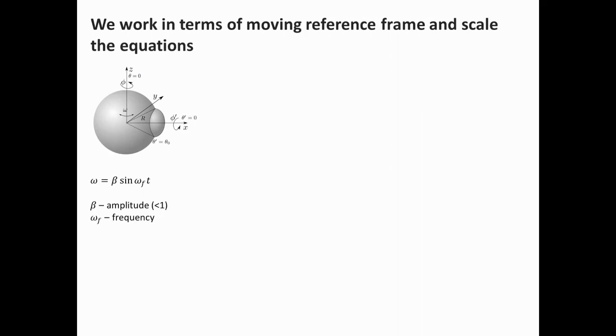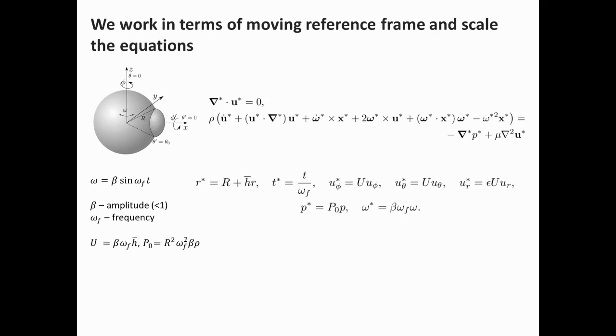So then the fluid is described by the Navier-Stokes equation in the moving frame, so the fluid velocity here is velocity relative to the motion of the domain. And to use lubrication theory, we scale these equations.